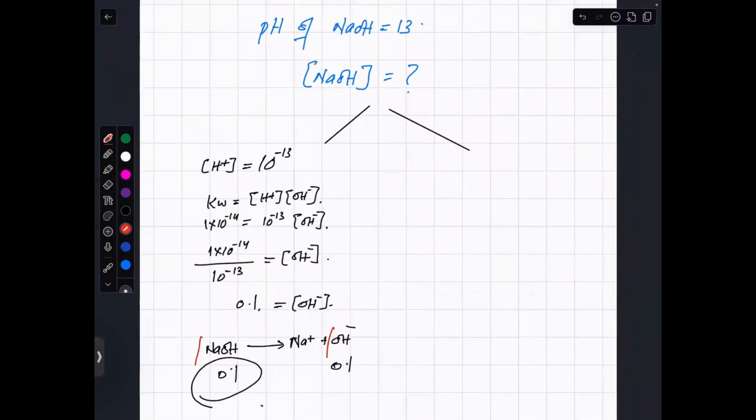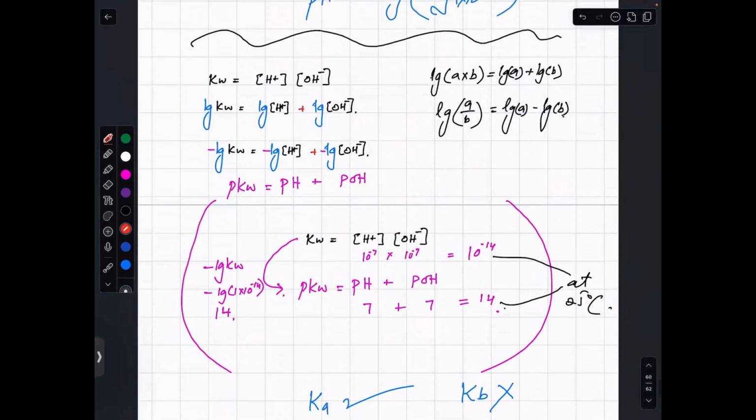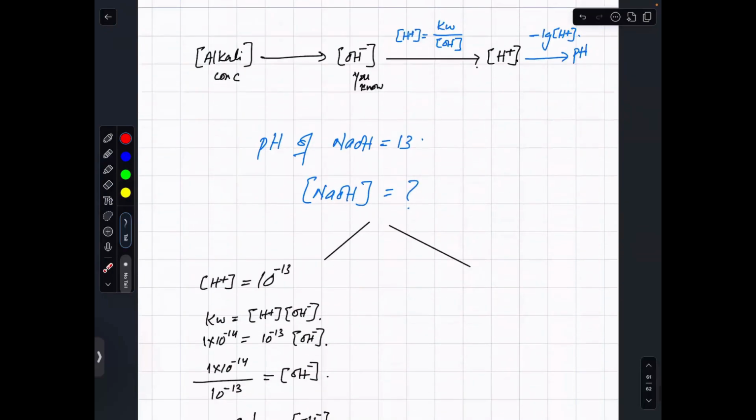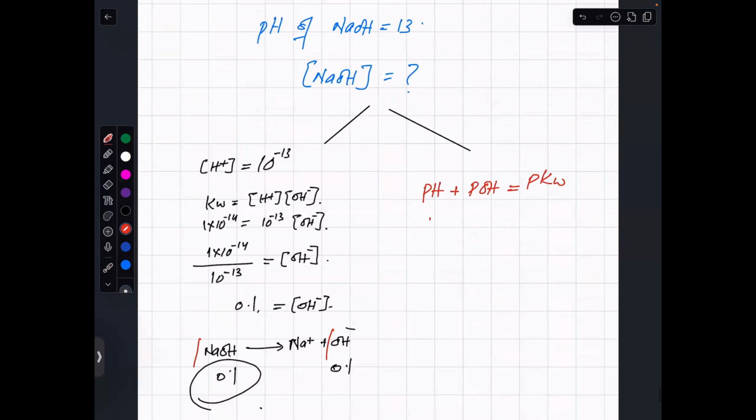And there's another method. We have already done this. Look. We know that pH plus pOH is equal to pKw, which is 14. Like, look. H into OH is equal to Kw, and we know that pH plus pOH is pKw. pH is 13, plus pOH is 14.